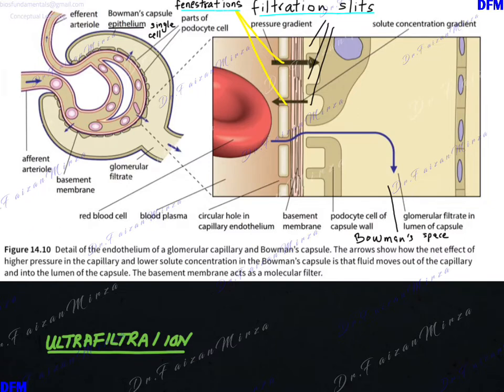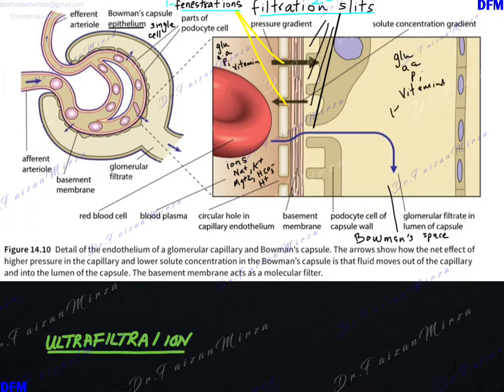So any cell or any component in the plasma which is smaller than the fenestration as well as the filtration slit will pass out into the filtrate. So it enters into the Bowman's space and then it will go ahead into the nephron. So what structures can we see here? For example, there are ions such as sodium, potassium, magnesium, bicarbonate, H plus ion, glucose, amino acids, inorganic phosphate, vitamins.